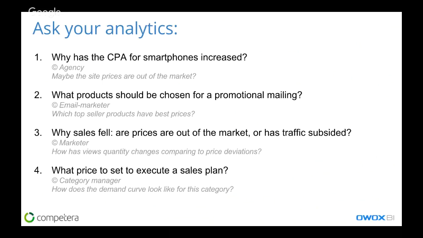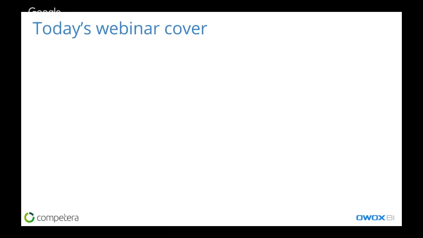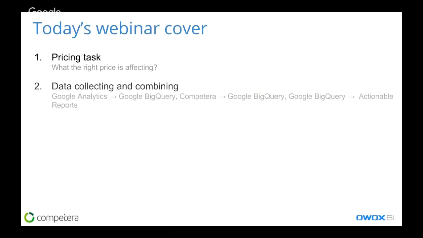All these questions could be answered, but you need to make a lot of effort to really understand what the correct price is. And we will show you how this could be done with the Competera service and with our analytics. So today we'll cover the following topics. What is the pricing task, and what is the real influence of the wrong or right price? Then how does the collection process look, and how do we combine data from several sources in one place?